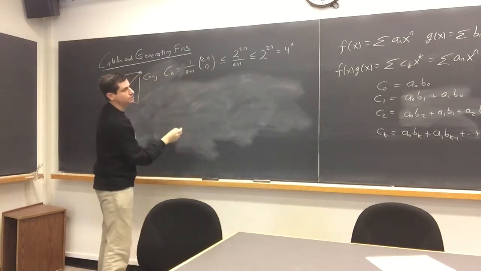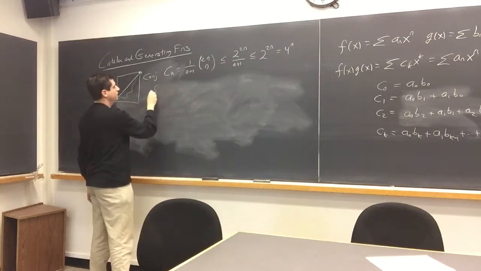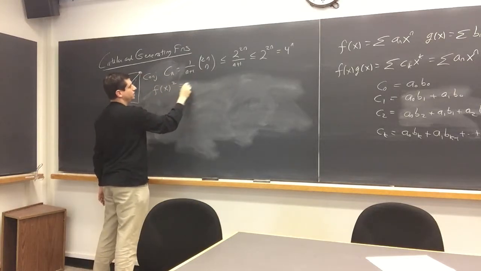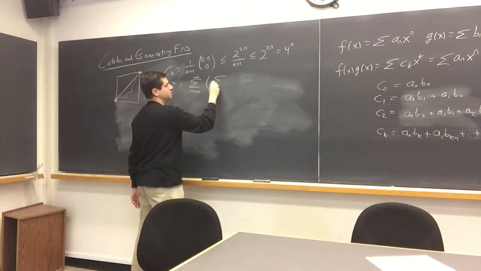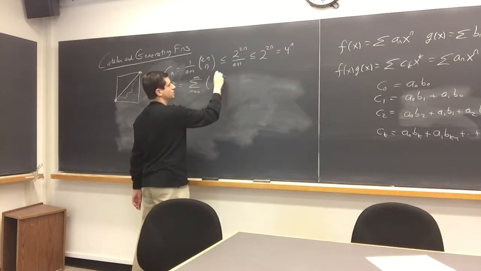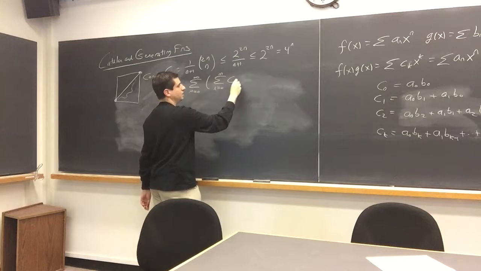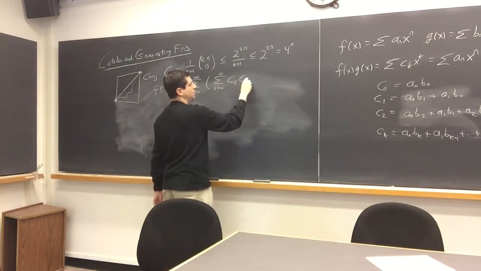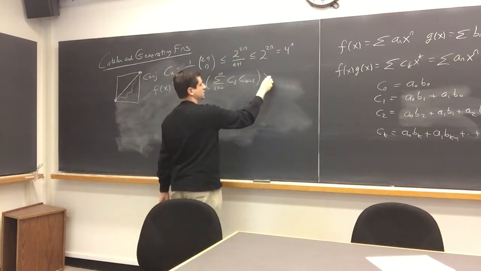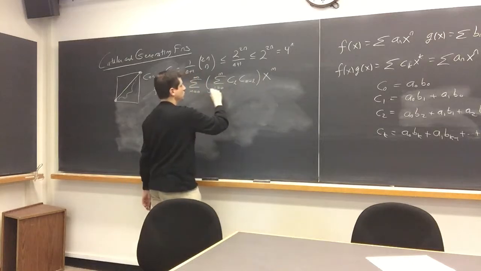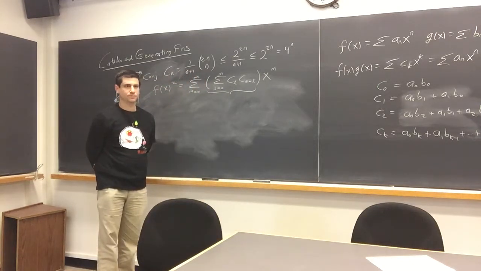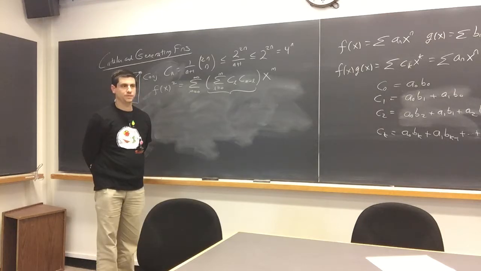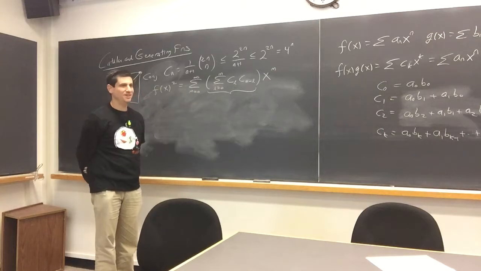So probably shouldn't have erased that, but we've got f of x squared is the sum m goes from 0 to infinity, and then the sum l goes from 0 to m of c_l c_{m minus l} x to the m. What is this coefficient equal to? c_{m plus 1}, right?